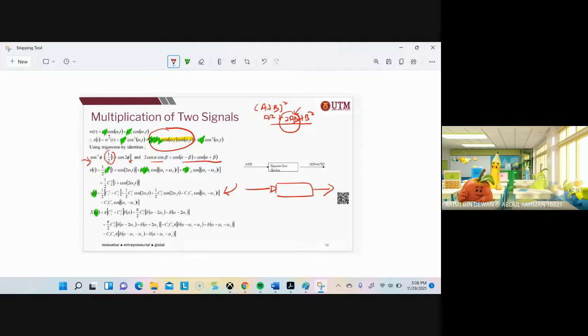So signals can be multiplied, can be added up, can be subtracted. And then the term that I reminded just now: the gain of the filter. For example, this is your output, you want the magnitude of the output, and this is the gain of your filter, and this is your input.